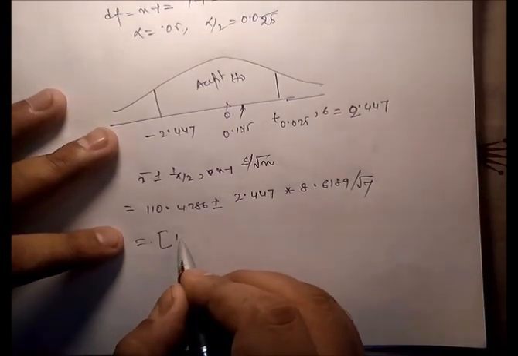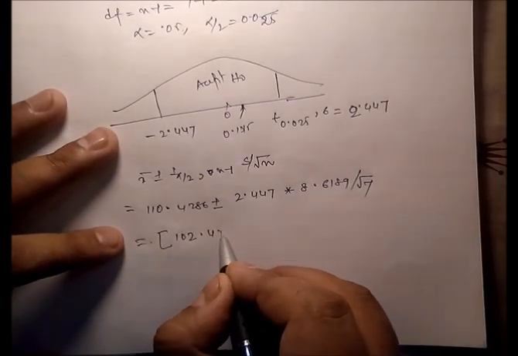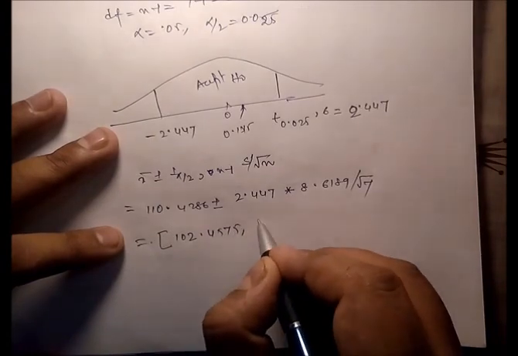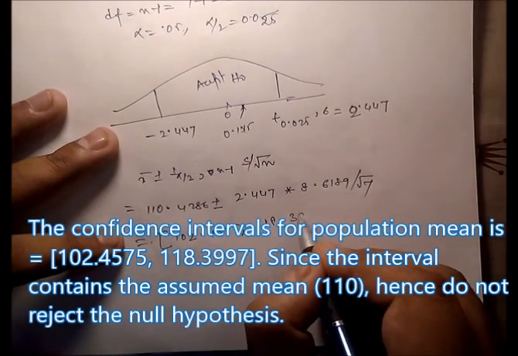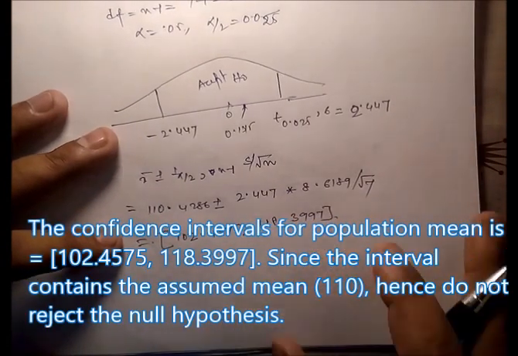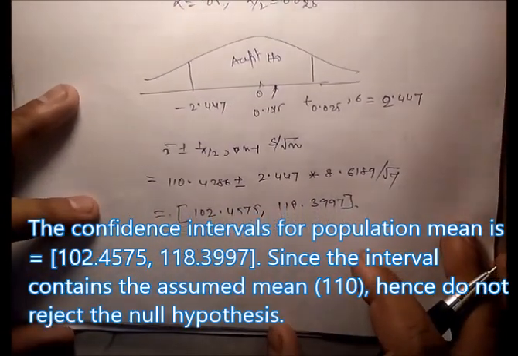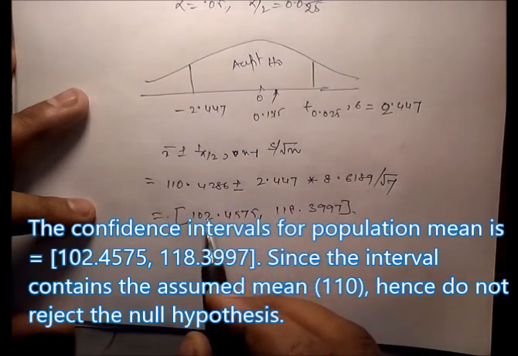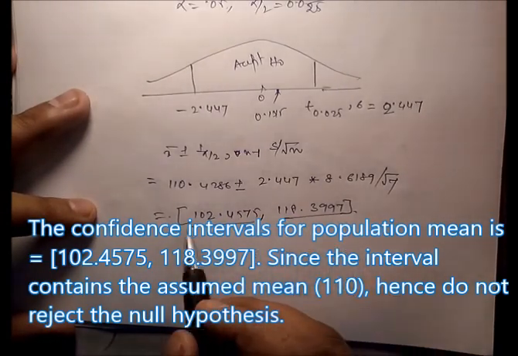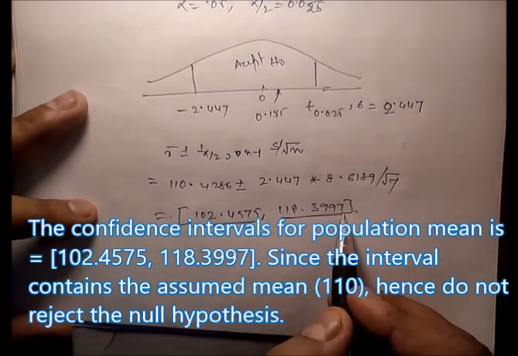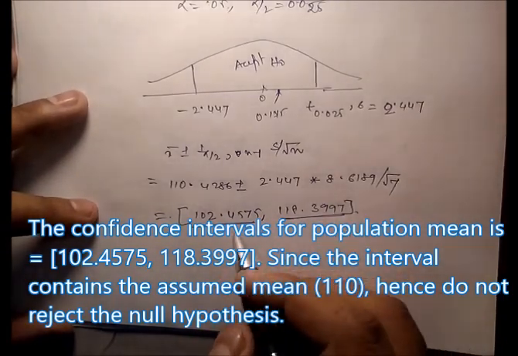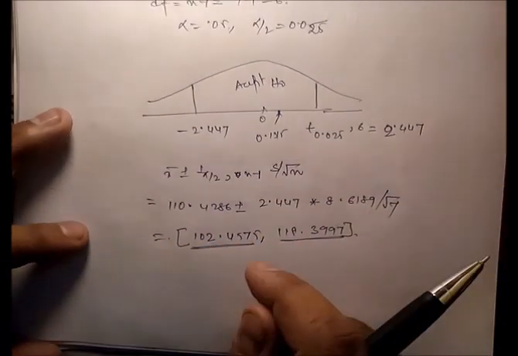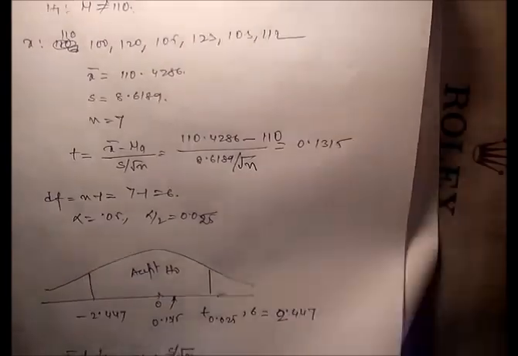So the interval is 102.4575 to 118.3997. Clear? So the population mean will be within this particular range, more than this and less than that. In this way we can estimate the population parameter. Next problem.